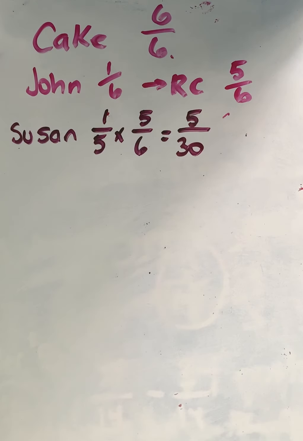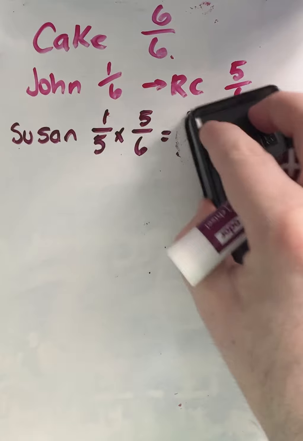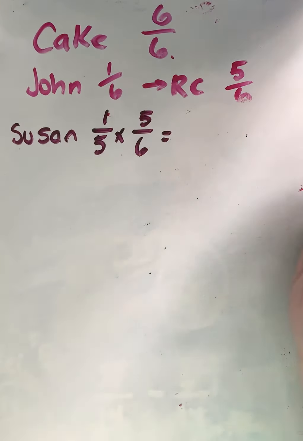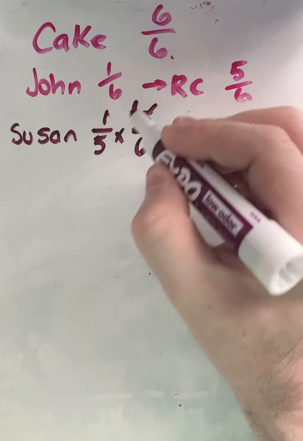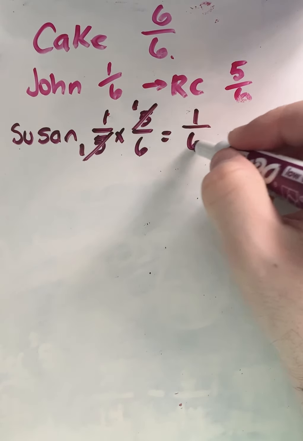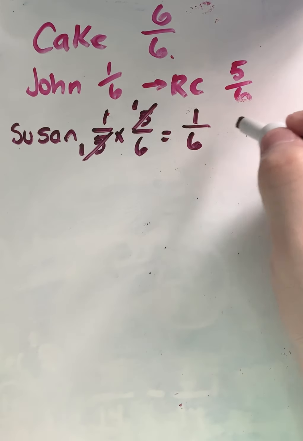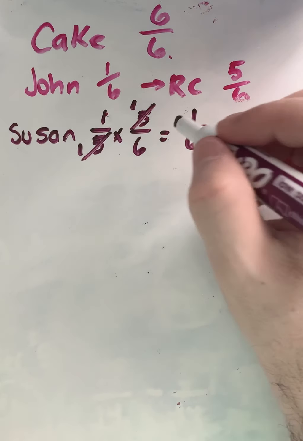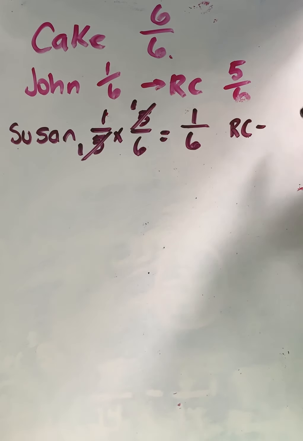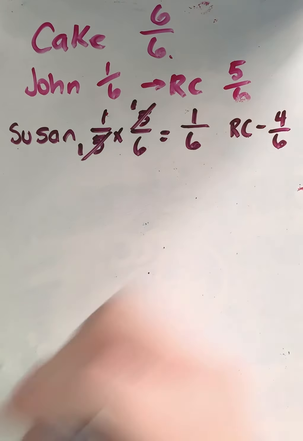But I want to stop us right here because we should be able to see that we can use a cross-off method. Okay, you could reduce it later, but I know that this is a 5. 5 goes into 5, 1. 1/6. So Susan ate 1/6 of the remaining cake. So what's left in the remaining cake after Susan's slice? Well, we have 4/6 remaining cake.